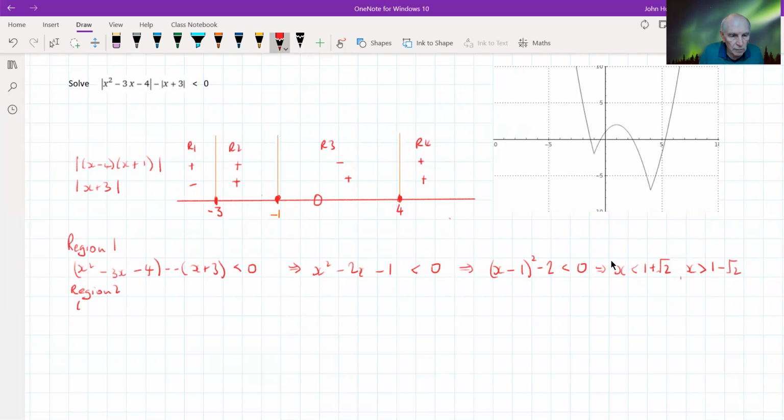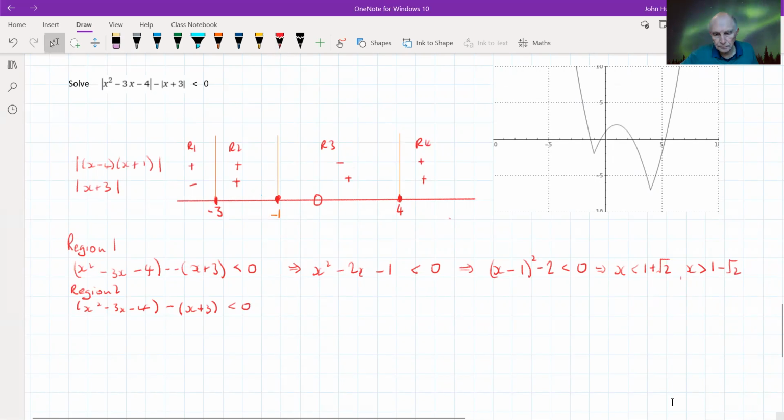Okay, so now we're going to rewrite this as x squared minus 3x. This is still positive, so we're just taking the absolute value signs away, and we've got positive out front, which we don't write, of course. But in this case, the absolute value of x plus 3 is positive, so it's minus the positive of x plus 3, is less than 0.